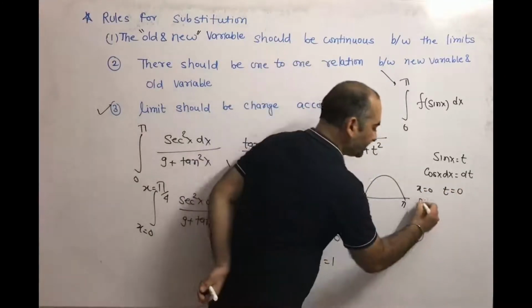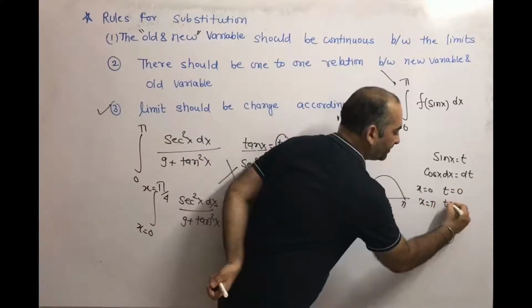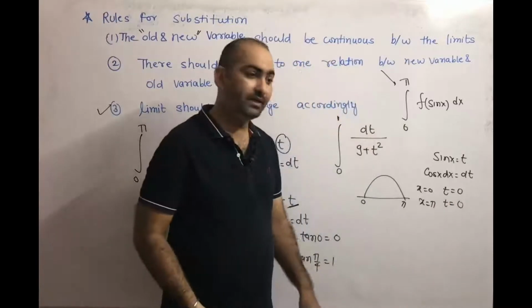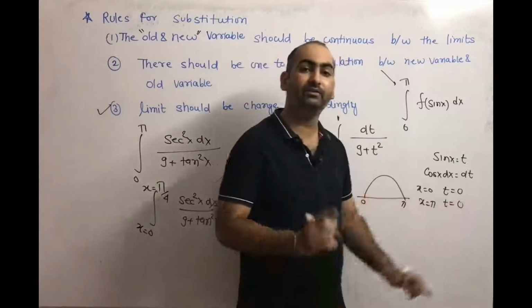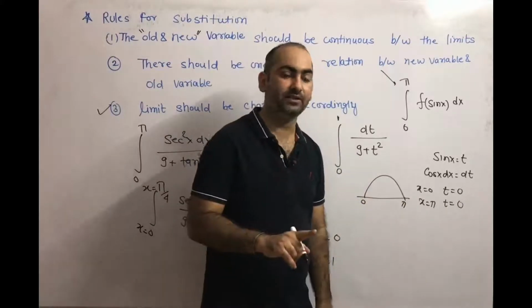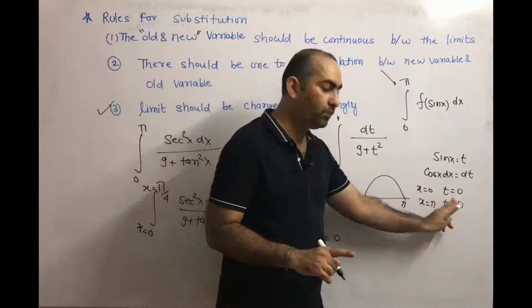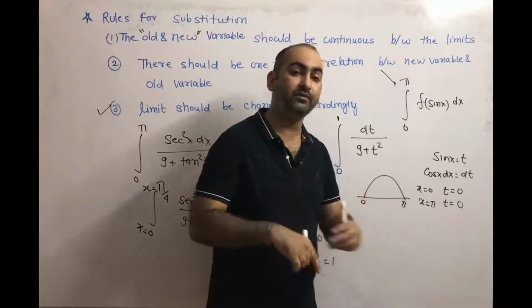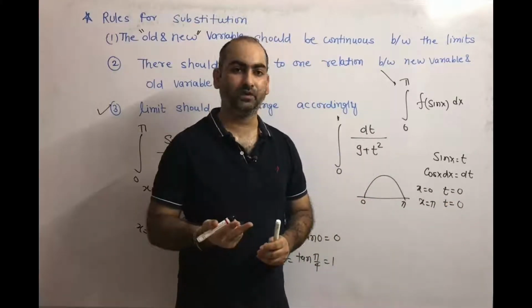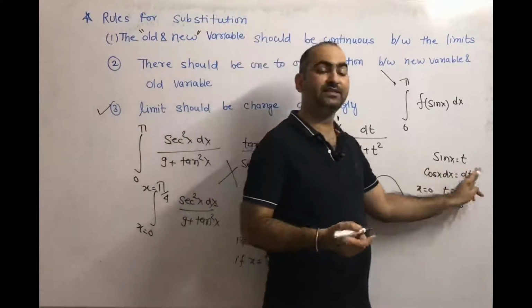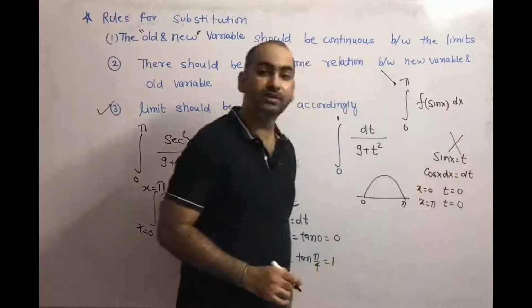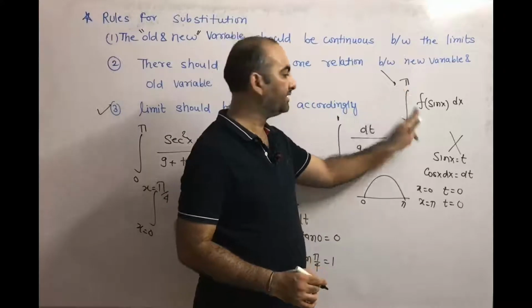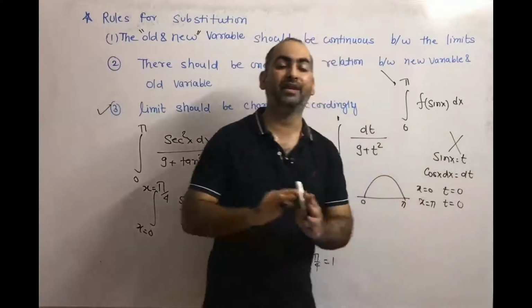And if I put x equal to pi, then t is 0. That means for x equal to 0 and x equal to pi, the t value is 0. So the relation is many-one: two values of x give one value of t. That means if I take sin x as t, that is wrong. In this problem we can't take sin x equal to t, because between 0 and pi, sin x and t are a many-one function.